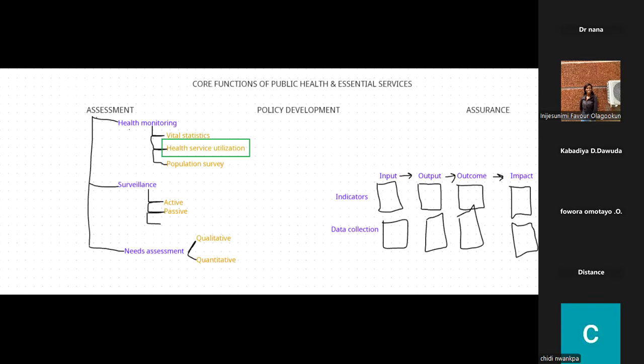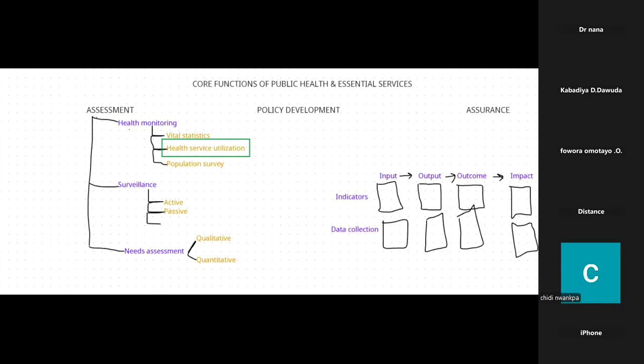And I'm saying that it has three components. So if you see my screen, you see that I already drew on my screen. The ones in blue, those are the three components of assessment: health monitoring, surveillance, and needs assessment.